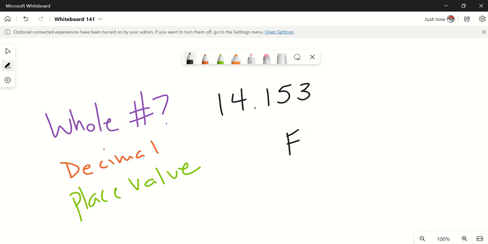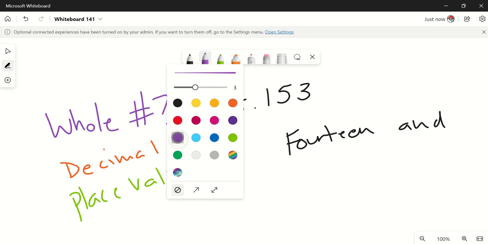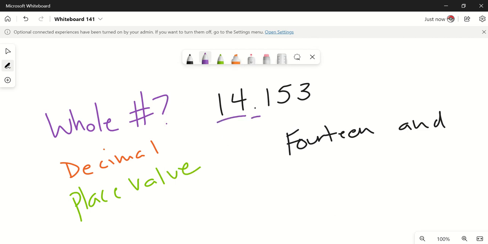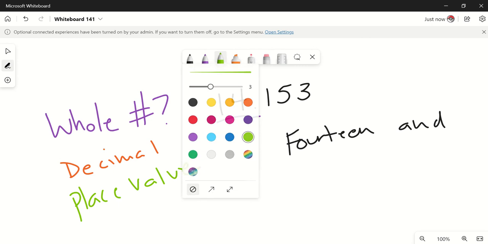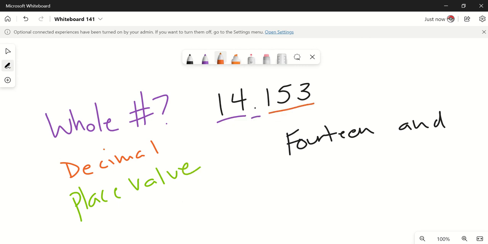It'll just be 14. 14 and, so again, I checked the whole number, 14 and the decimal, and now I'm going to check what's after the decimal. And what's after the decimal is 153.